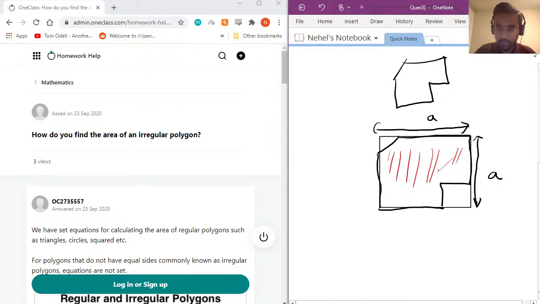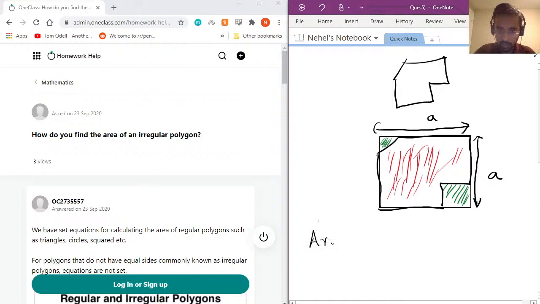So the area of this polygon can be looked at as the area of the entire square minus the area of this triangle. And if I also subtract the area of this square here, so essentially what I'm doing is I'm taking the area of the square.